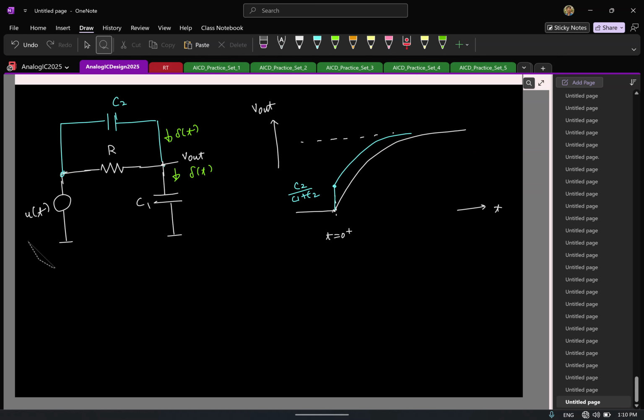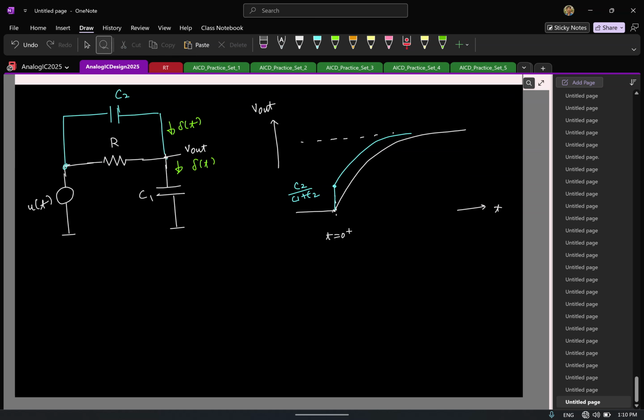Okay. So now here, let's quickly find the location of the 0, right? How will you find the location of the 0 here? Yeah, let's assume that V out of S is 0, and you basically apply KCL here. The sum of these two currents is 0. Let me call this V in of S. What is the current flowing through the capacitor C2?